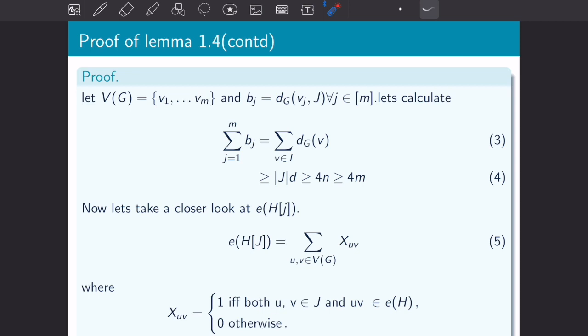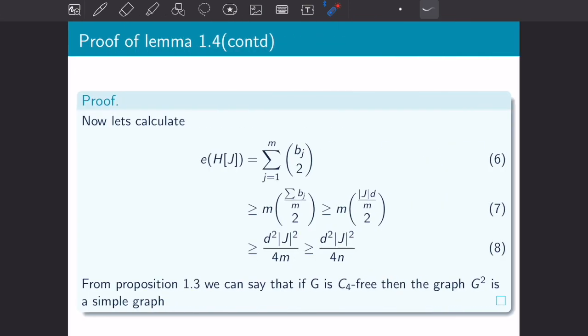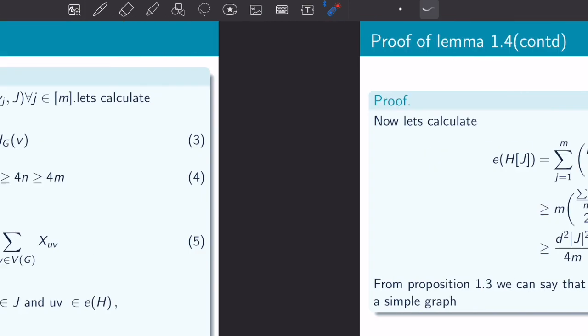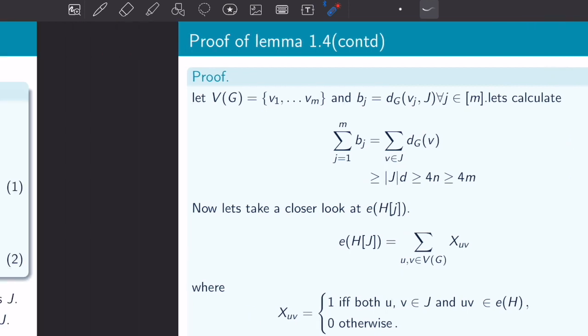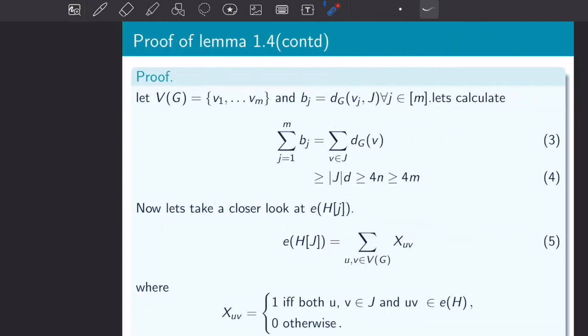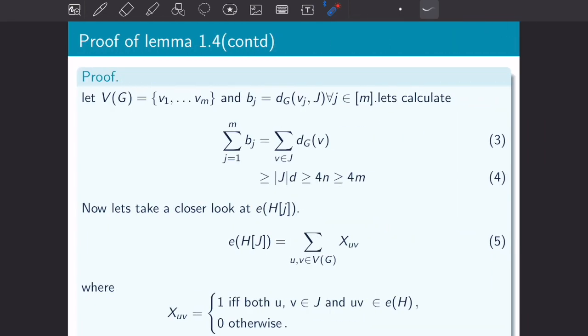So now, next let's take a look at E of H of J, which has been described very vaguely. Let's take a closer look.